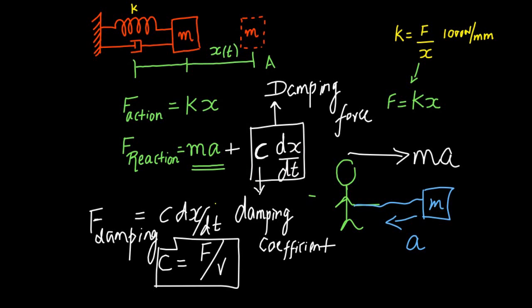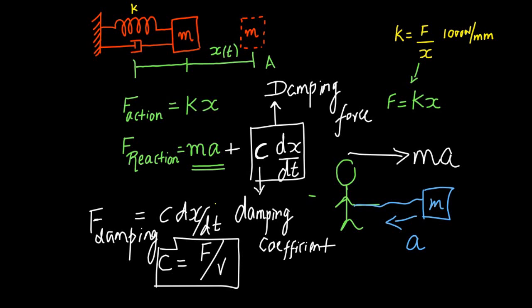Now wait a minute. According to Newton's third law, action should be equal to reaction. Well, we can equate that. But watch it very carefully, this is very important at this point of time. The moment the mass crosses its equilibrium position, keep it in mind, it is the spring force that is going to offer the reaction, and it is the momentum of the mass that is going to be the action.